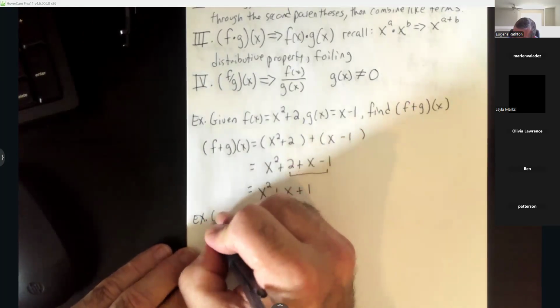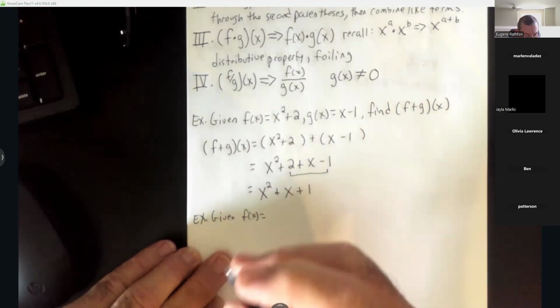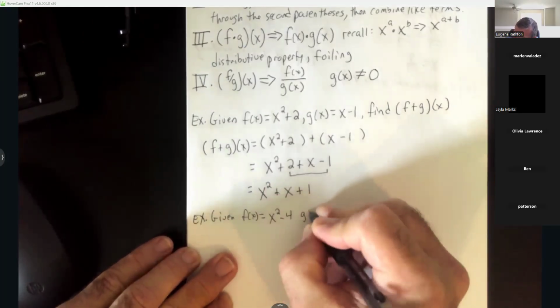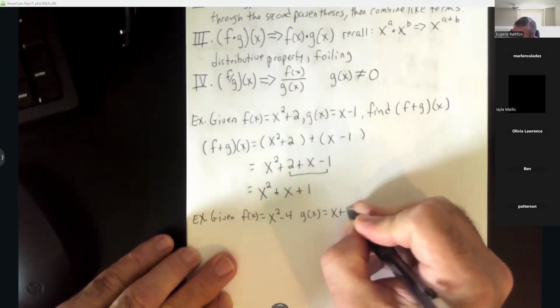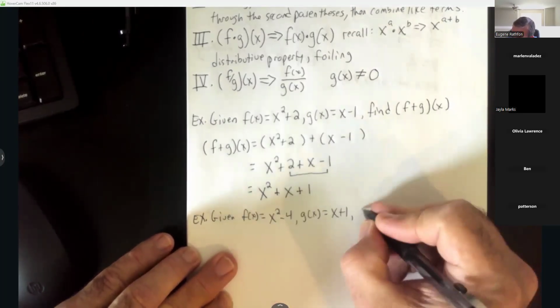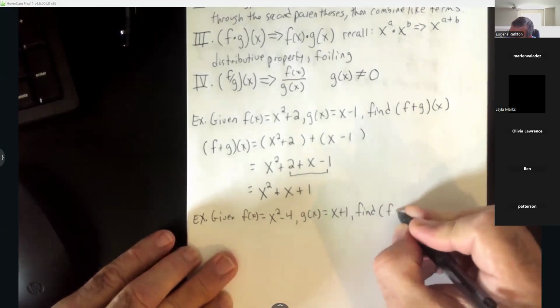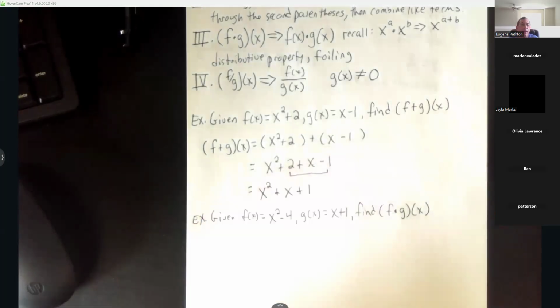All right, so this one they're saying given f of x equals x squared minus 4, g of x equals x plus 1. They want me to find f times g of x.